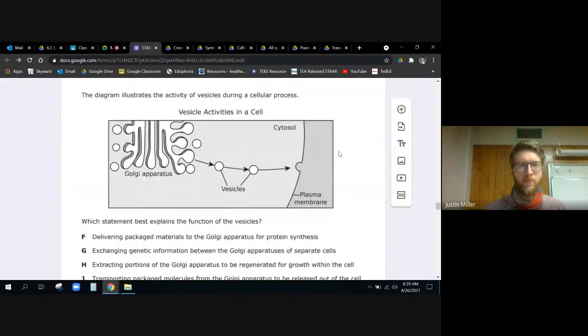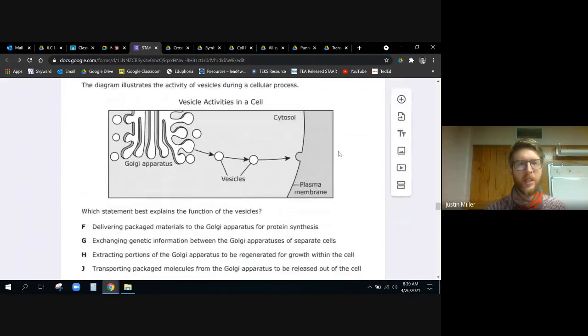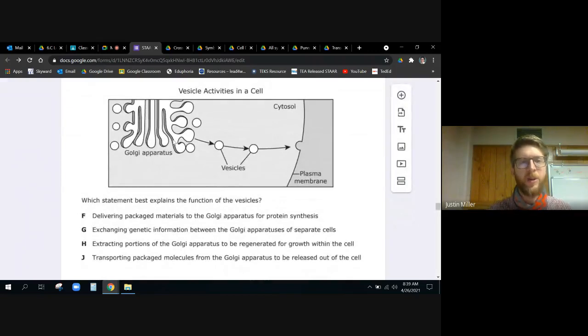Okay, this one, the answer is in the question. Like it literally tells you the answer. If you just read the answer choice, it will match exactly what is happening in the picture. All you have to do is say what's happening in the picture in words. Which statement best explains the function of the vesicles? Well, what's happening?